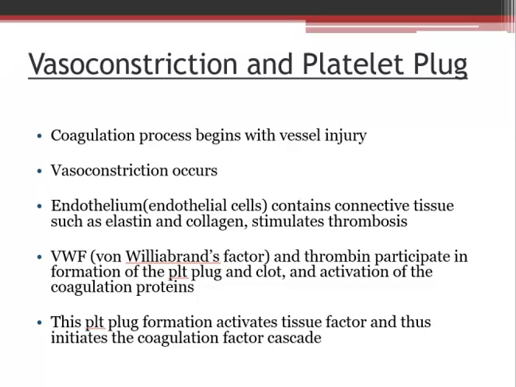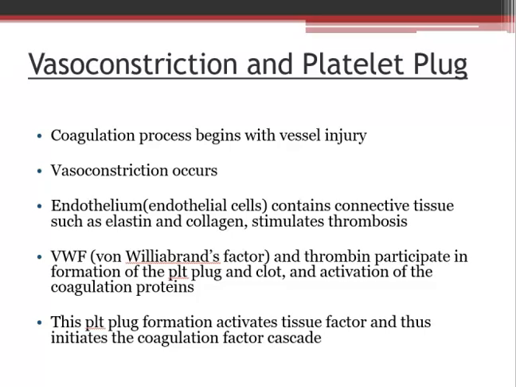Of course, the coagulation process begins with vessel injury. The vasoconstriction occurs, and again, that's the narrowing or constriction of the blood vessel by the small muscles that are contained within the vessel wall. And the whole purpose of this is to help stop or slow down the flow of blood within that vessel.